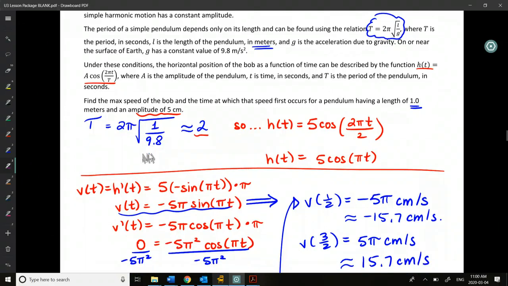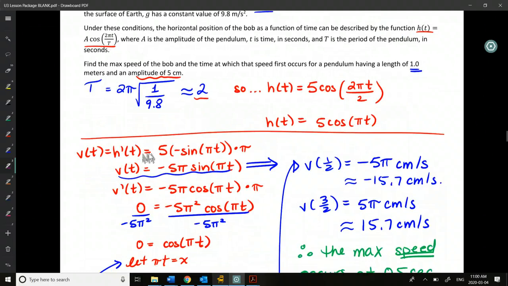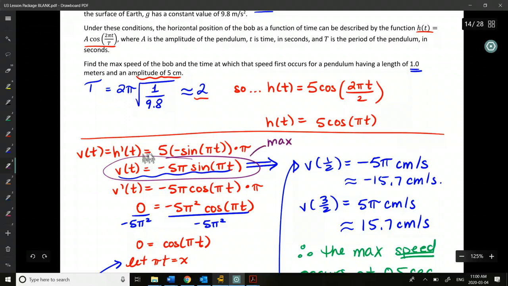If we look at the formula we have here, the maximum is equal to the C value plus the absolute value of the A value. So I can find a maximum velocity if I simply take 0 and add the absolute value of negative 5 pi, and that will give me 5 pi.